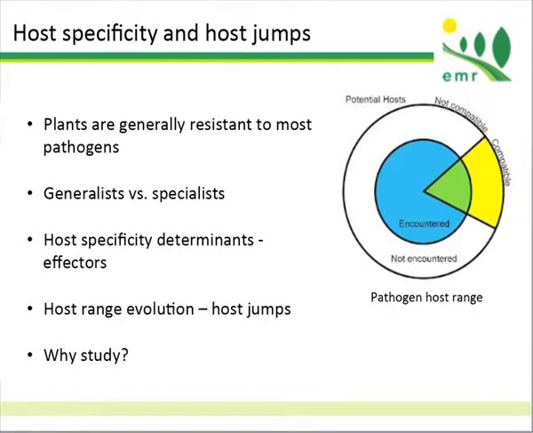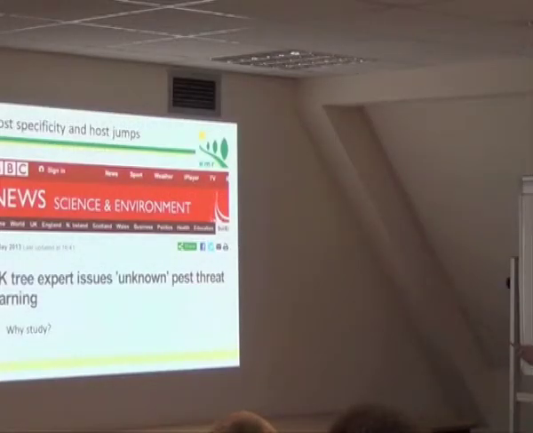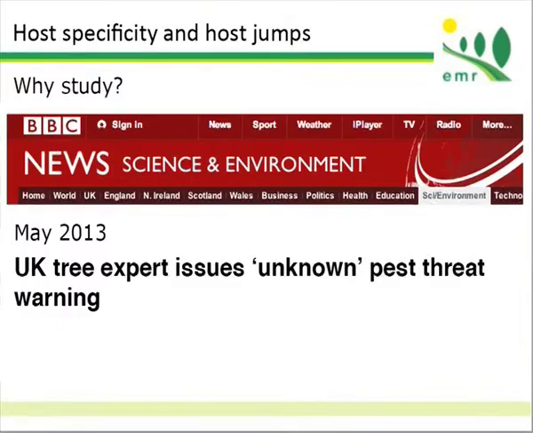So why am I studying host specificity? It has become increasingly apparent in recent decades that the major threat to our agriculture and forestry is emerging diseases, and the BBC presented this article showing that the major threat was unknown pests.